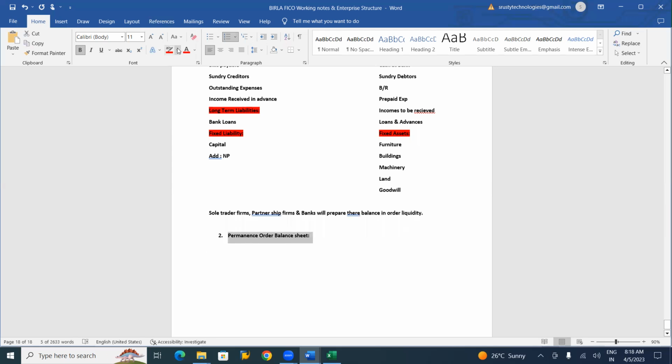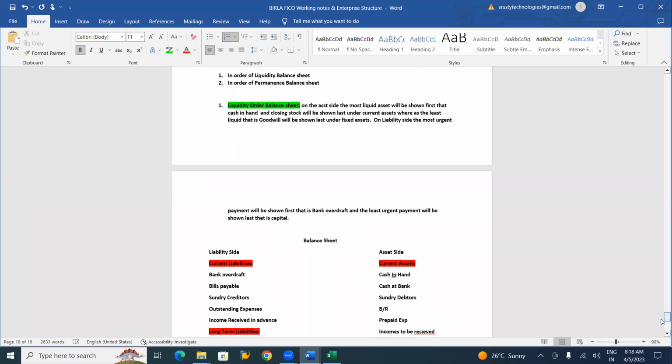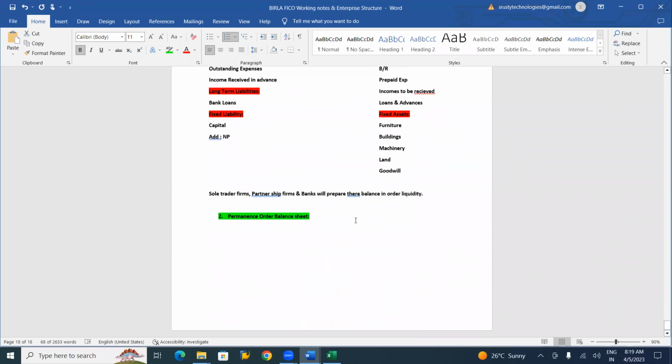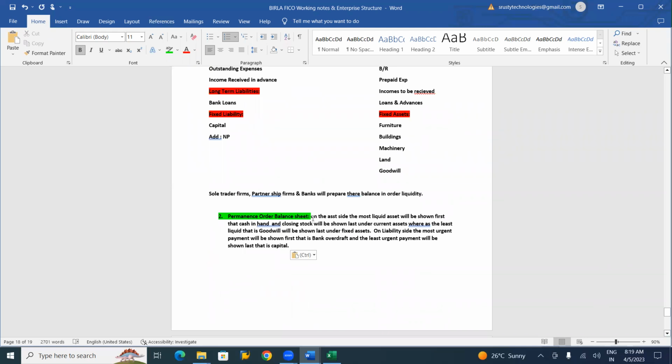It is the opposite. Here, on the asset side, instead of the most liquid asset, the least liquid asset will be shown first.